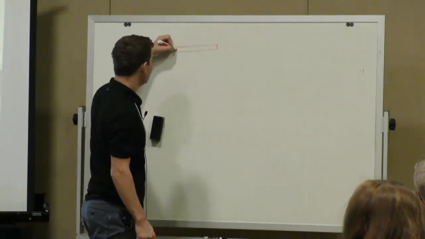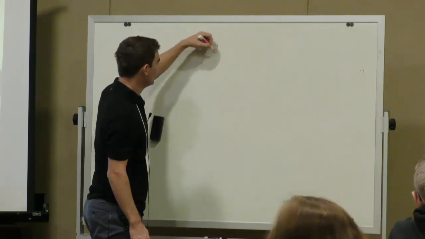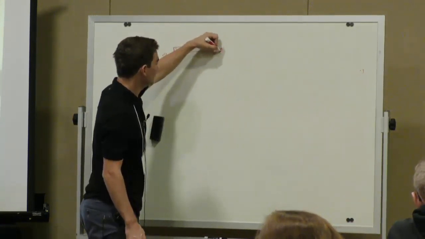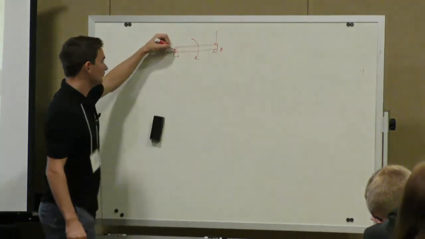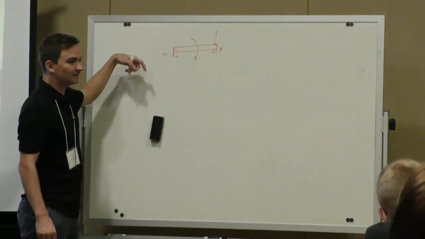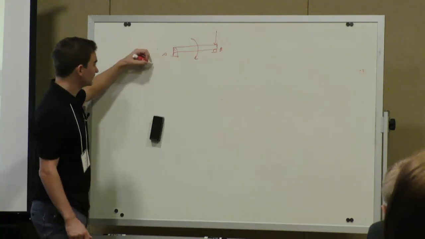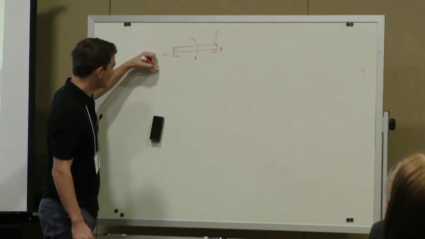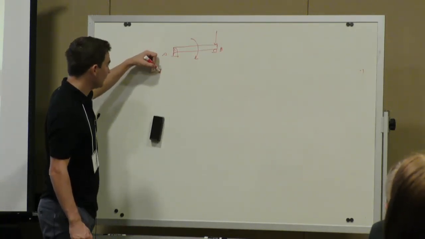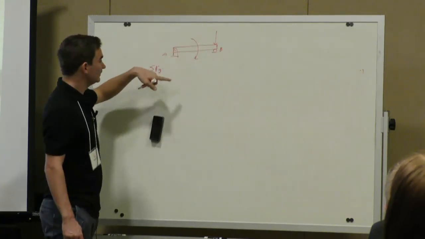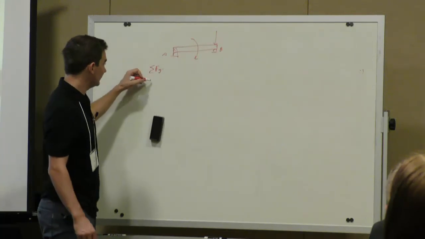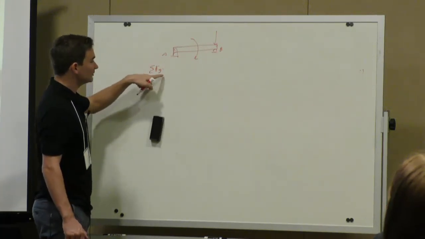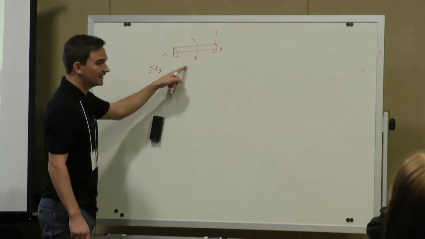If you had, say, a pin here and a roller, so this is A, this is B, and you have some moment and some force, and you want the equivalent force and moment at A, you would just sum the moments, or sum the forces in the X and Y direction. Since there's only a Y, the equivalent force would just equal the forces, and then the one trick is, in equilibrium, you set it equal to 0.